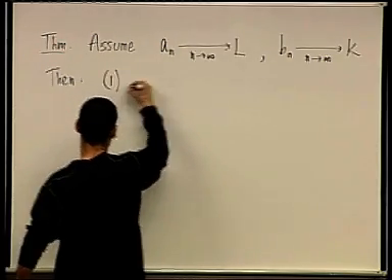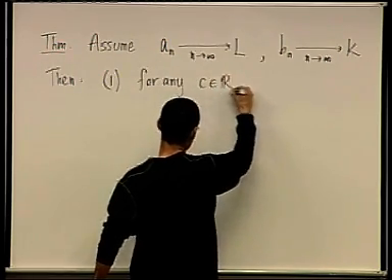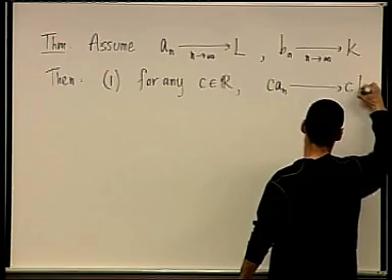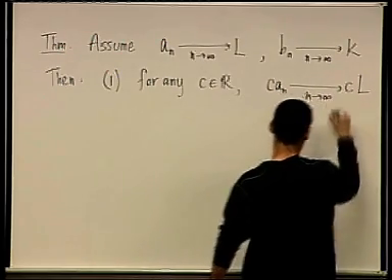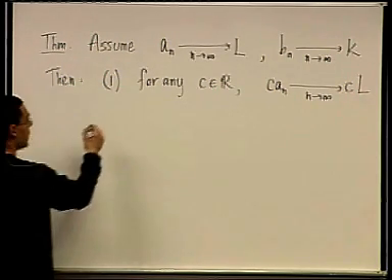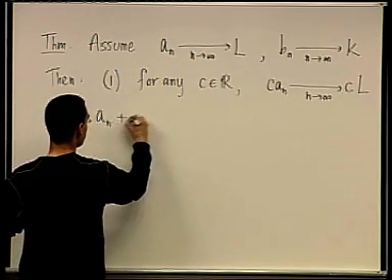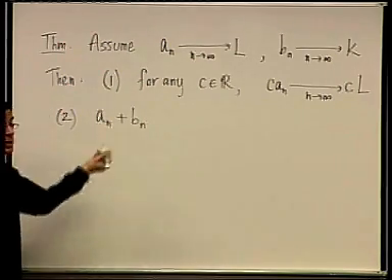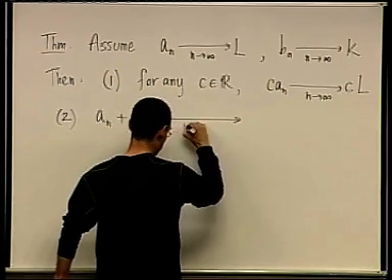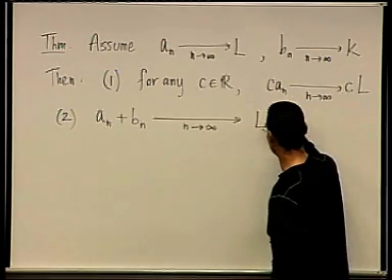So 1, for any constant c in R, c times an goes to c times L. Do you agree? Okay. 2, an plus bn, if you add the sequences element-wise, and you check what happens at the limit, what's the limit going to be? L plus k.